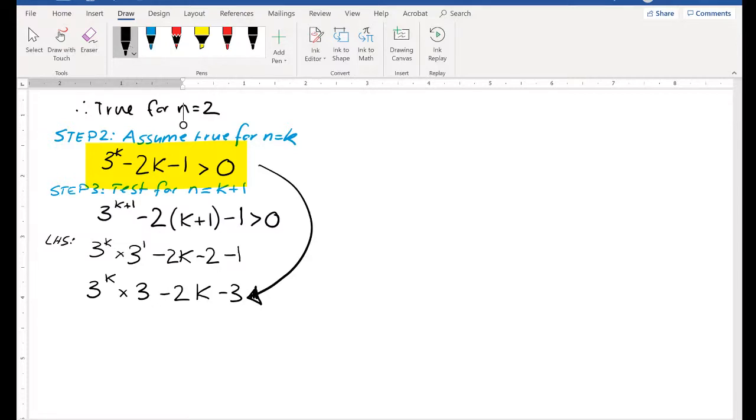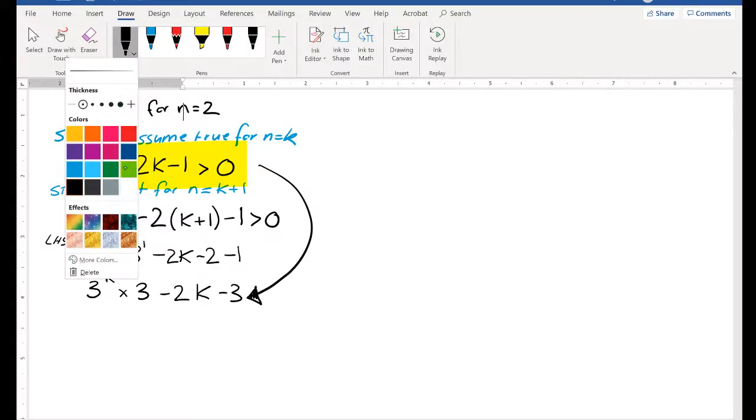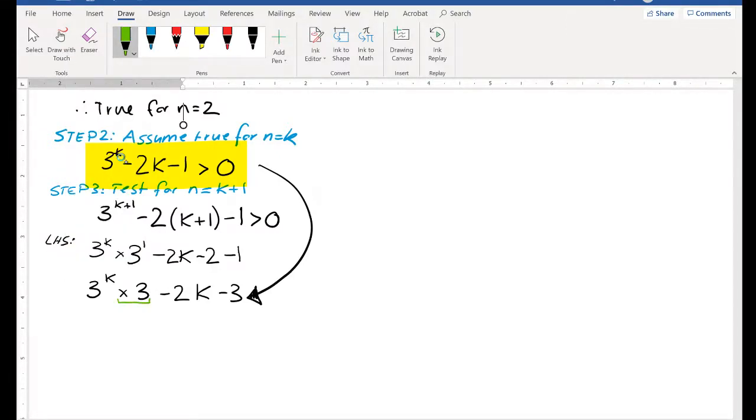Something I don't like the look of is this times by 3. It's not making things look much like this original one, and I want to somehow transform this line here to contain my line for k. That's the whole idea here.